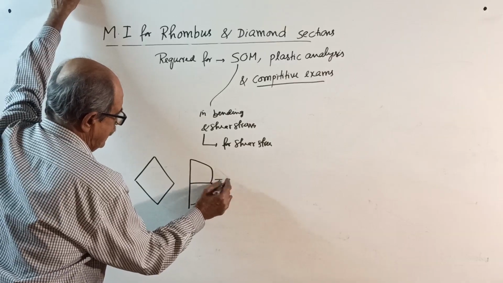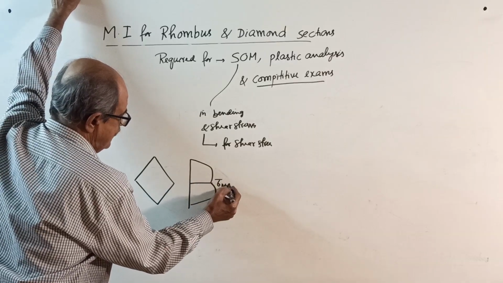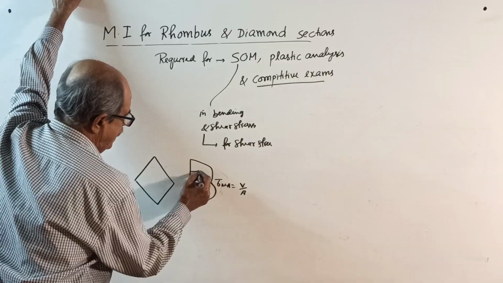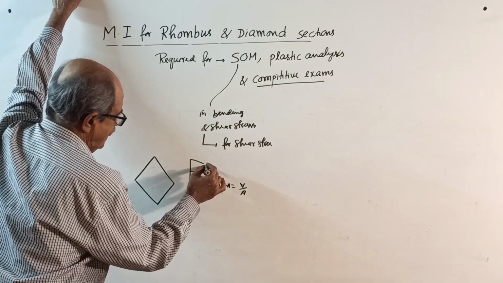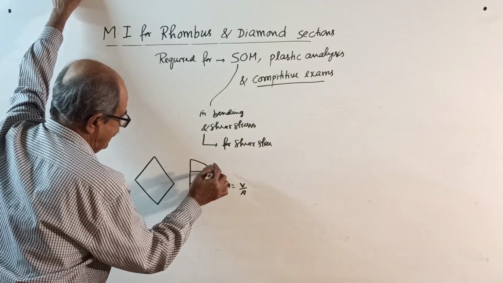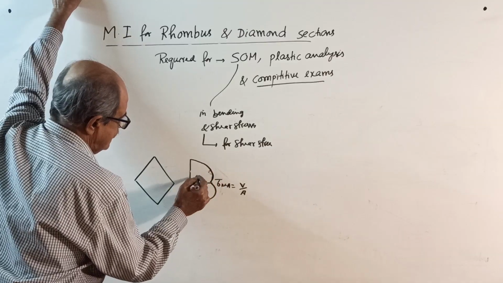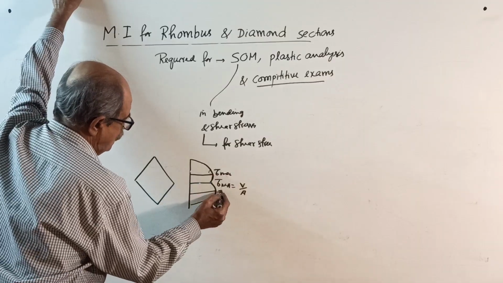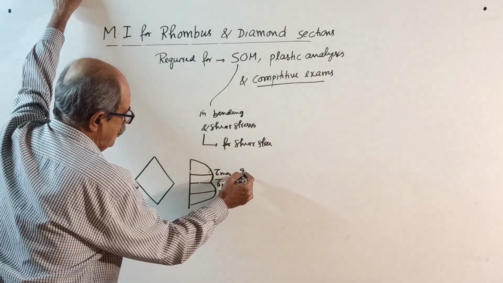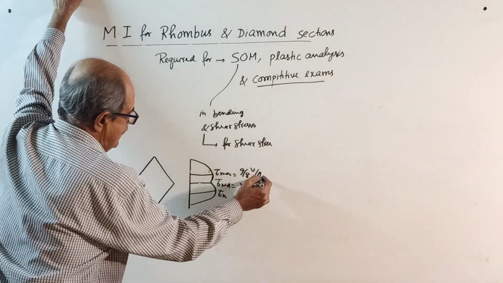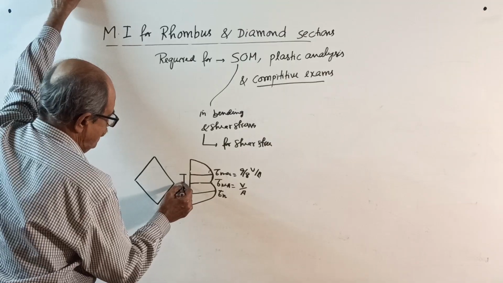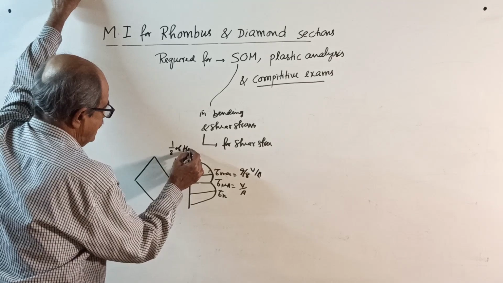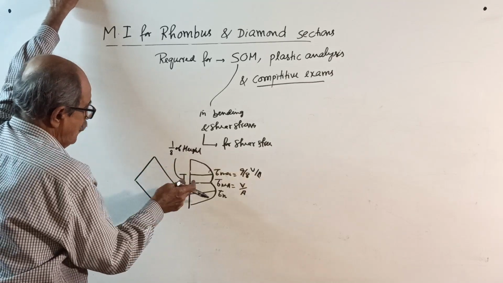This is tau at the neutral axis, you will get V by A. Somewhere here is tau maximum, not fully to scale. This is tau maximum, this is also tau maximum, equal to 9 by 8 V by A, and the distance from here will be 1/8 of the total height.